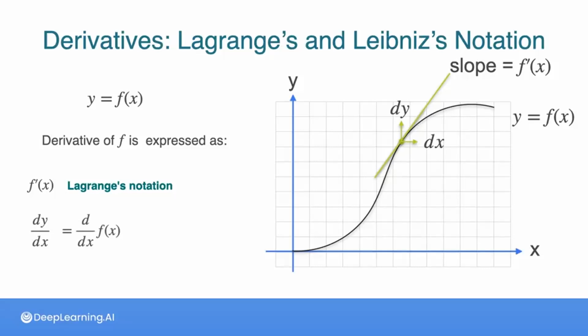In this case, d over dx can be thought of as an operator, something that when you apply to f of x, you get something else. And this is Leibniz notation. So sometimes in this course, we're going to use Lagrange notation, f prime of x, and other times we're going to use dy over dx, which is Leibniz notation. And we're normally just going to pick the one that's more convenient.